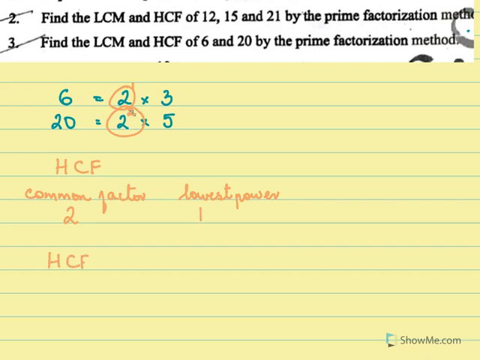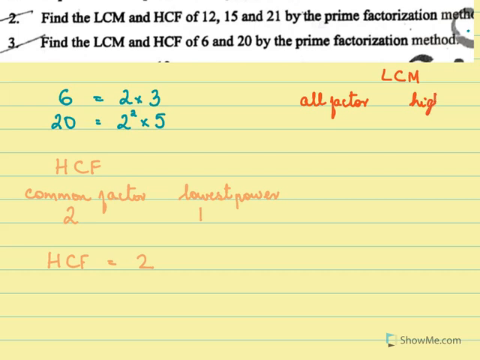So HCF is 2. Now to find LCM, we need all factors and highest power. So the factors here are 2, 3, 5.